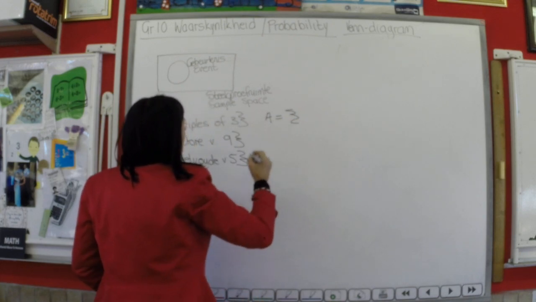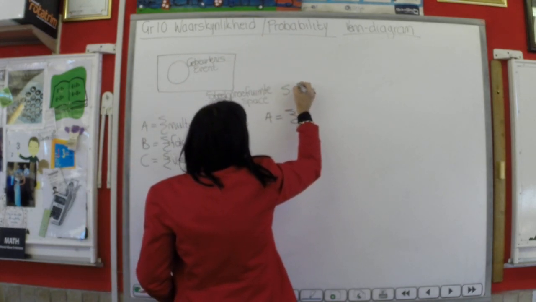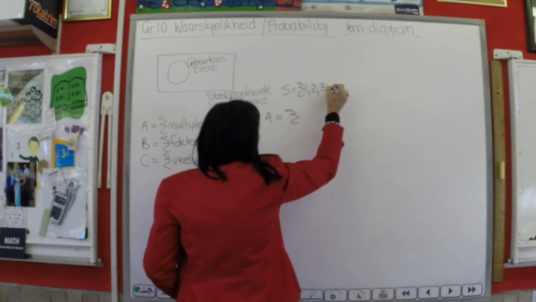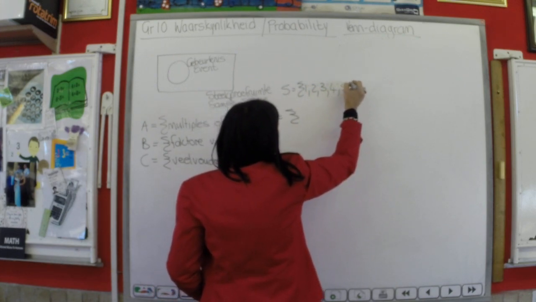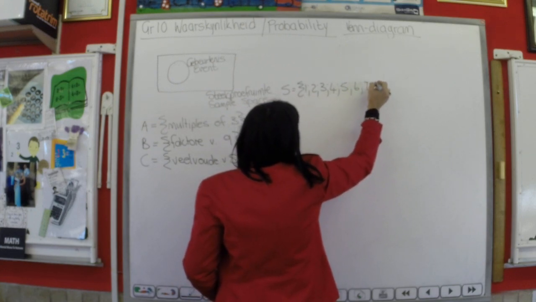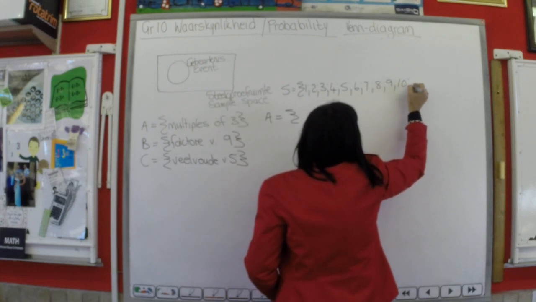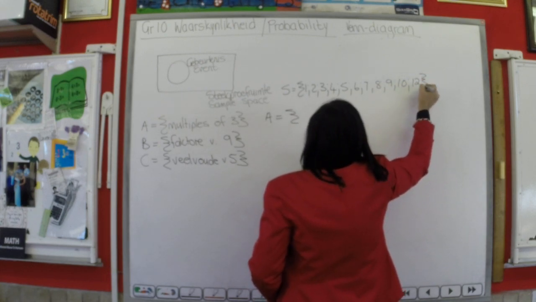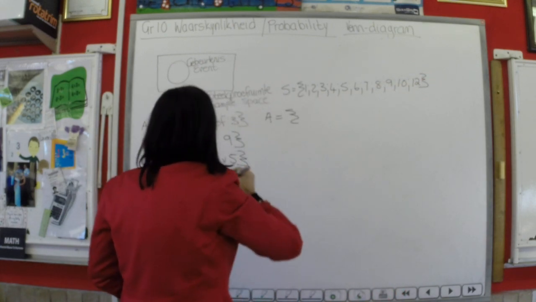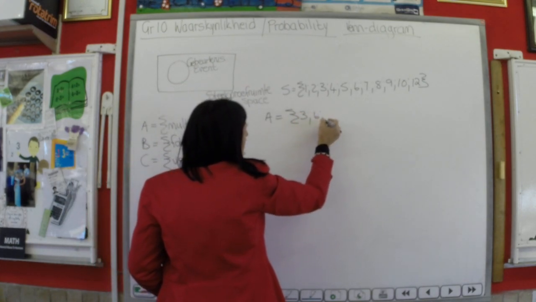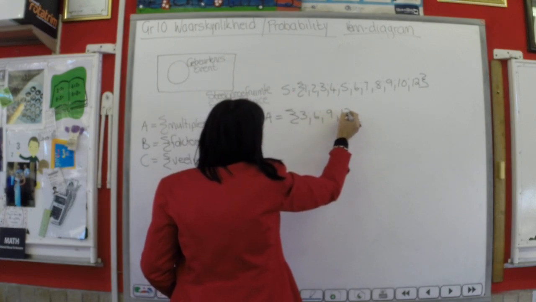The sample space goes from 1 up to 12. Nee, dis 'n dobbelsteen met 12 kante. So hy gaan tot by 12. So now out of that, let's take all the multiples of 3. So ons begin by 3, 6, 9 en 12.